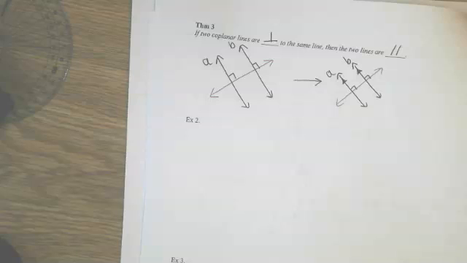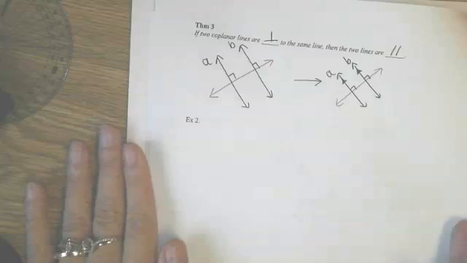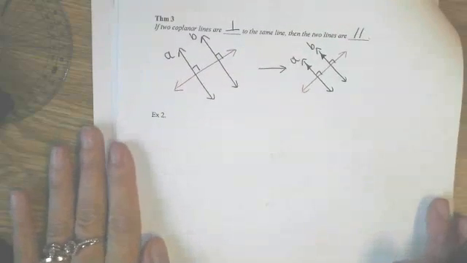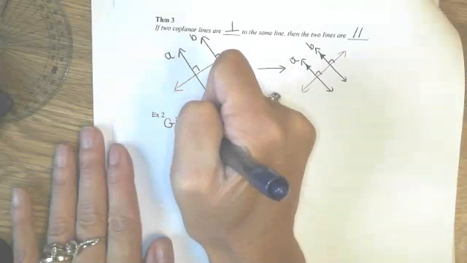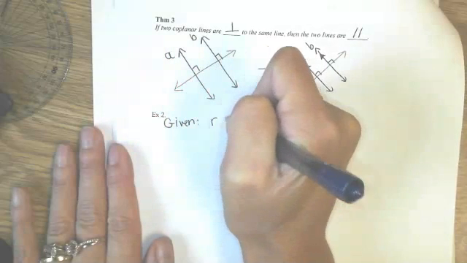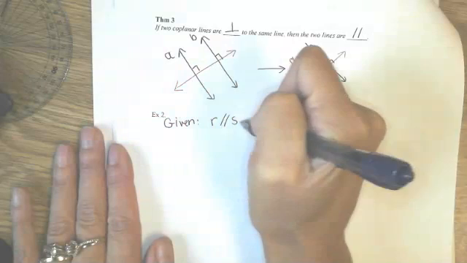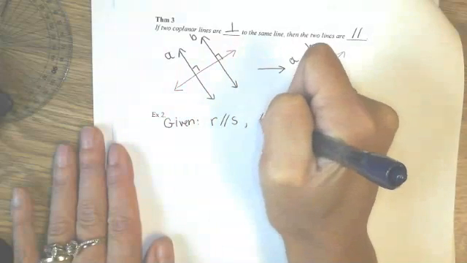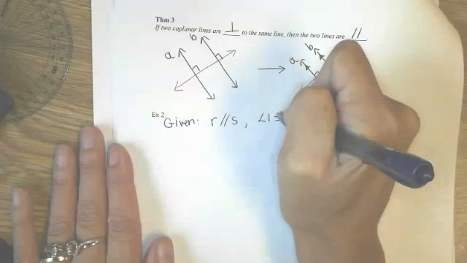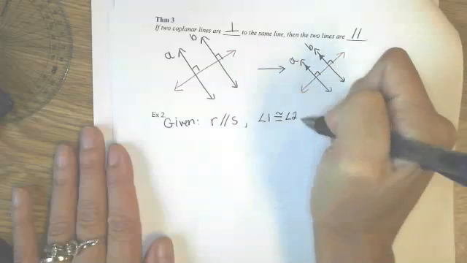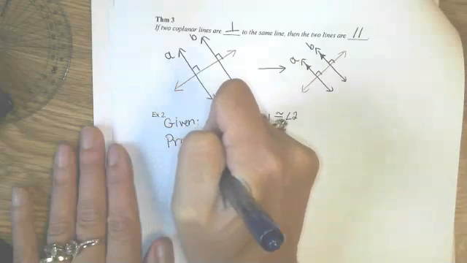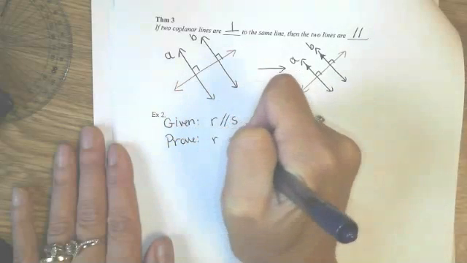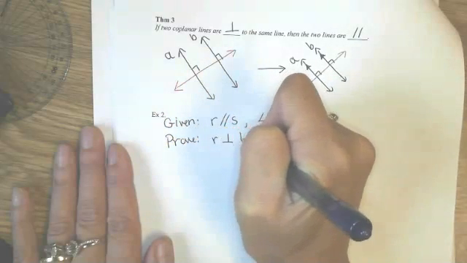Good? Not good. Okay, we have a proof coming on 2. Given line R is parallel to line S, and angle 1 is congruent to angle 2, can you prove that line R is perpendicular to line T?